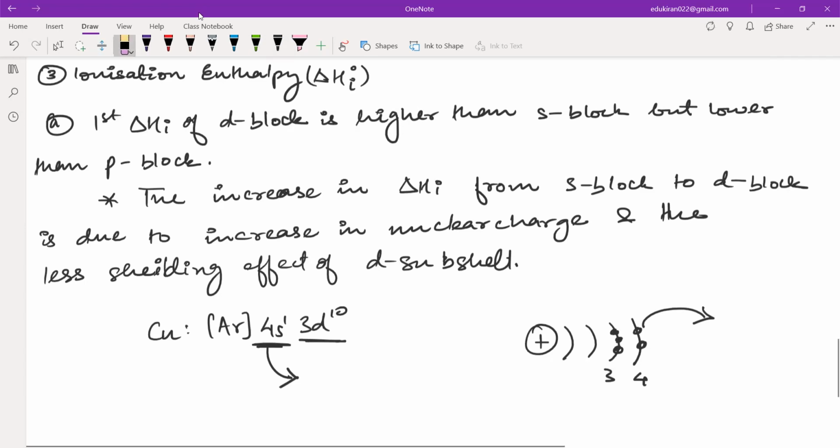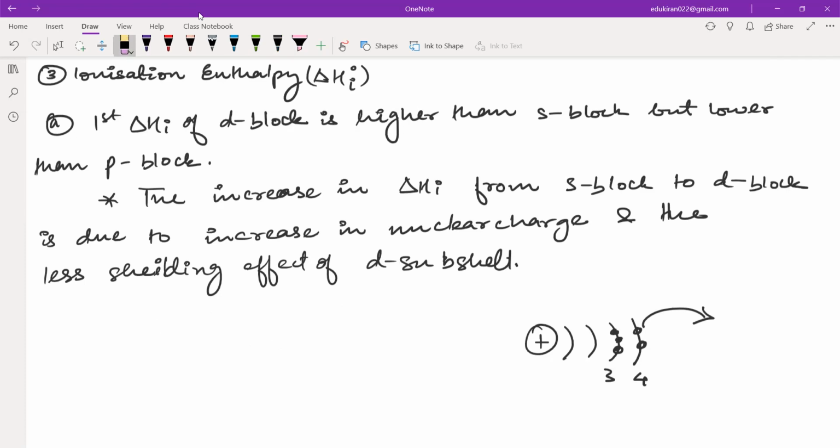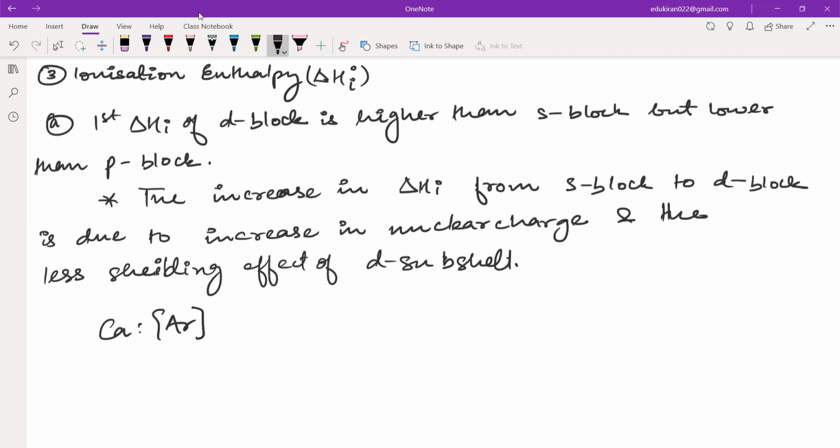Okay, that is why if I compare two things here, let me show you. Calcium is argon 4s2. Then we have scandium, which is argon 3d1 4s2.